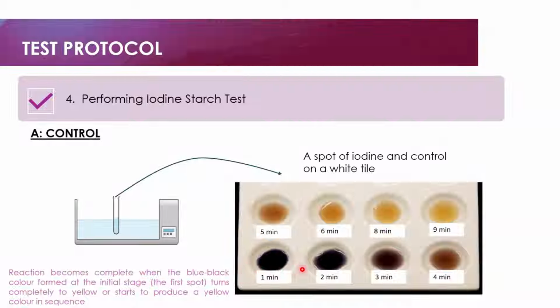The reaction becomes complete when the blue-black color formed at the initial stage turns completely to yellow or starts to produce a yellow color in sequence.